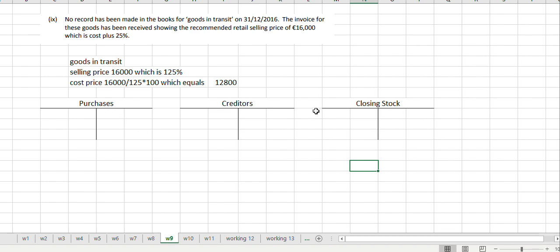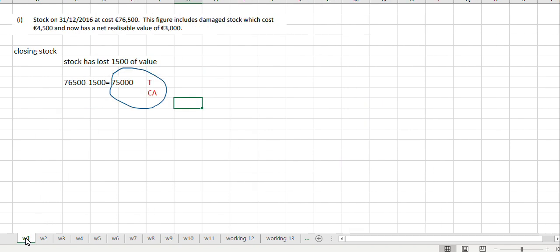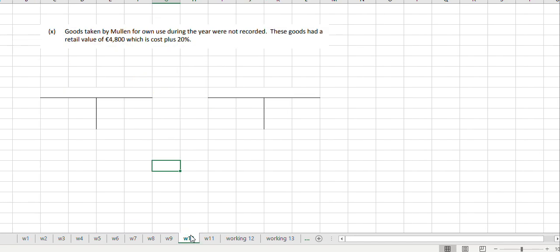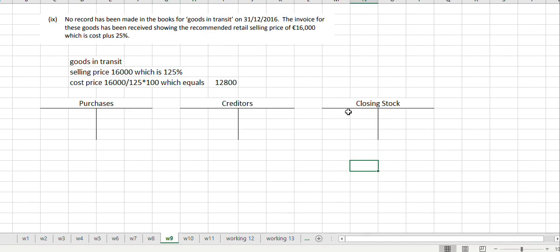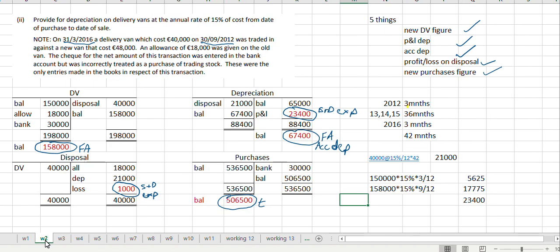Note number 1, closing stock, 75,000. So we're going to go back to note number 1 and we'll score out 75,000 because we're not going to use that anymore. Purchases, I believe that was note 2.